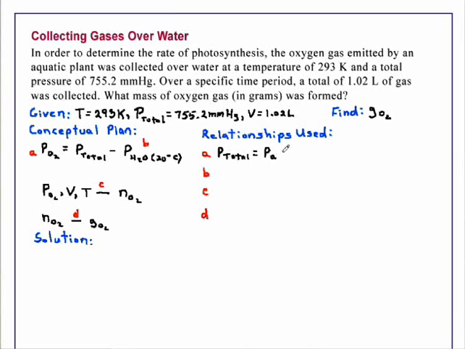So the partial pressure of gas A plus the partial pressure of gas B plus the partial pressure of gas C, and so on. So this is Dalton's law.